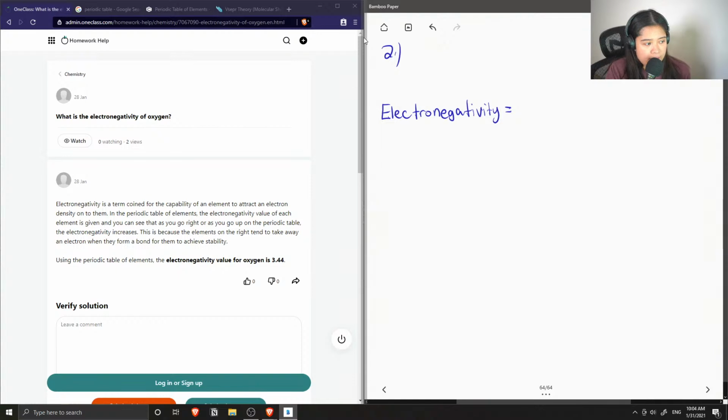It is the capability of an atom to attract an electron.